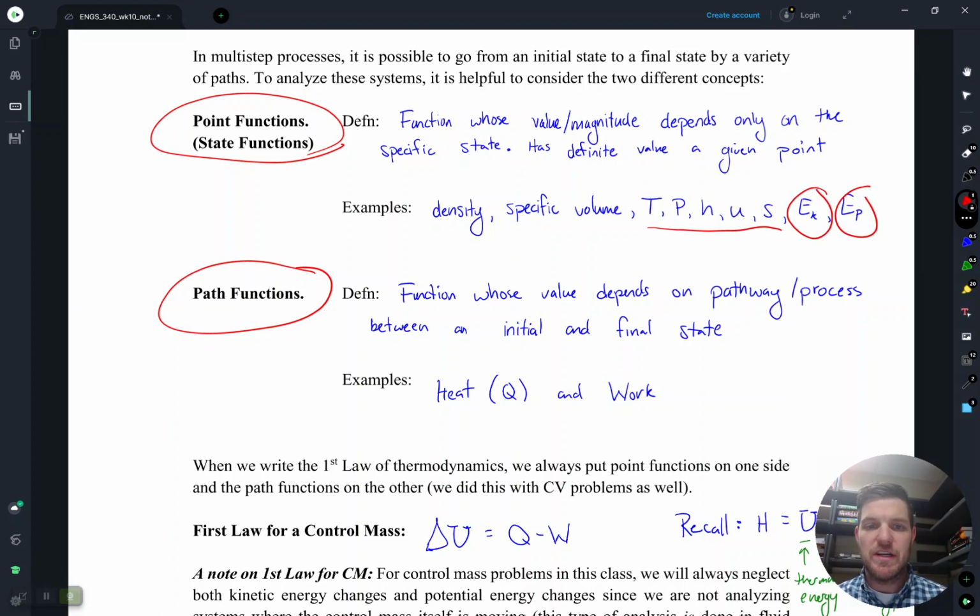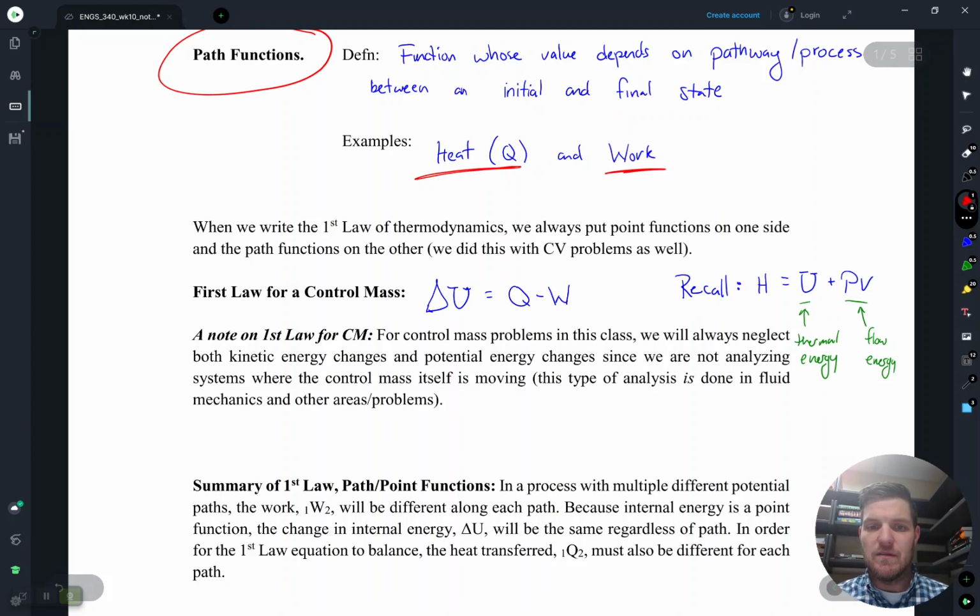A path function is a different type of thermodynamic variable, something that depends on the pathway, depends on the process. So we're talking about something that starts at an initial state, ends at a final state, and the value of this matters which way we go. So things like heat, Q, and work are both path functions that we've been dealing with.